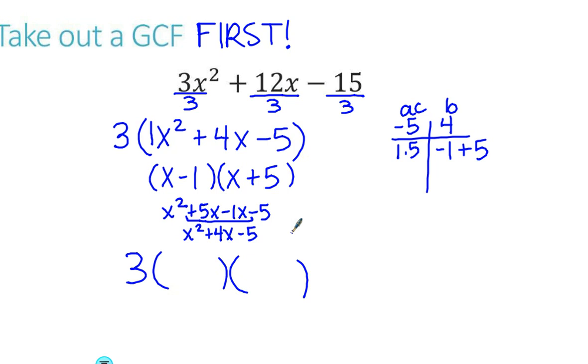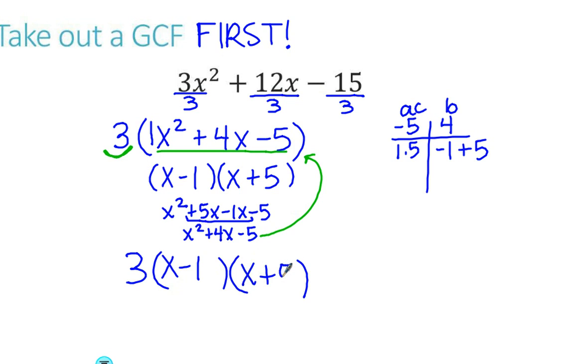Well, no, because my original equation said 3x squared, blah, blah, blah. But it does take me right back to this part, which is good. This is my reminder that I have to keep this 3 out here in front. So at least it took me back to here, which is good. So that means I did get the right answer for this quadratic inside of here. So I'm going to throw that in here.